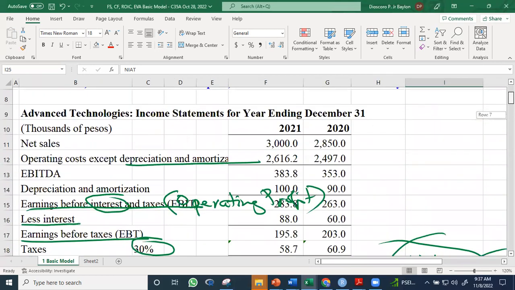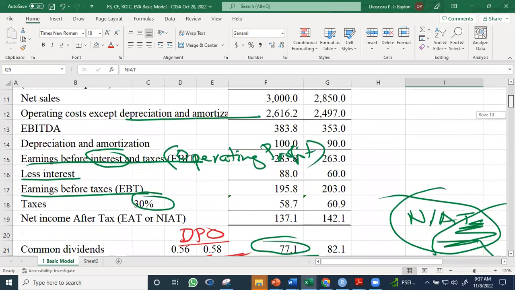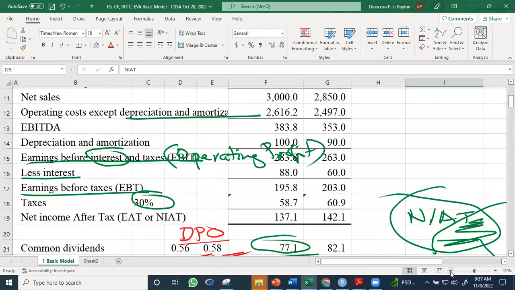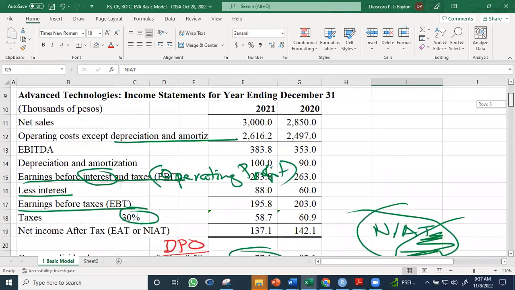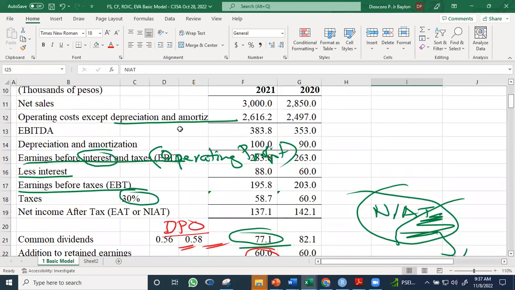Remember, class, when we were discussing the income statement, we discussed that in arriving at the net income after tax, there are non-cash items there. There are revenues that are non-cash, there are expenses that are non-cash that were included in order to arrive at the net income after tax.